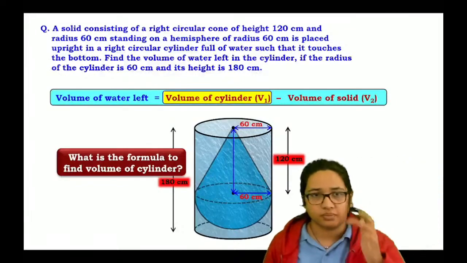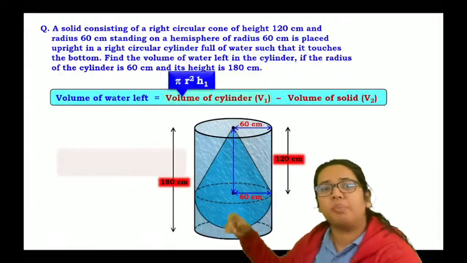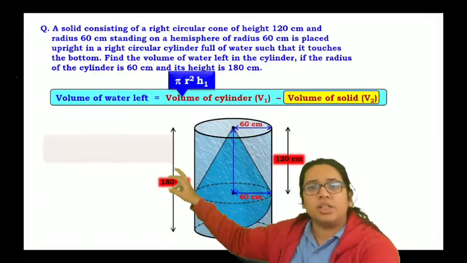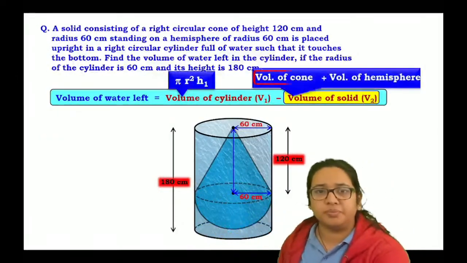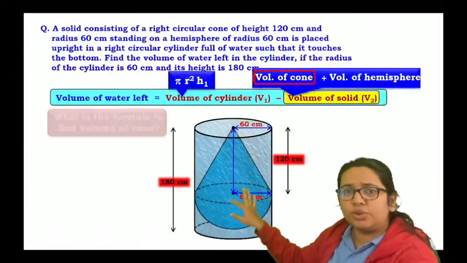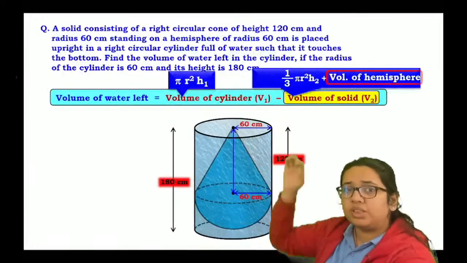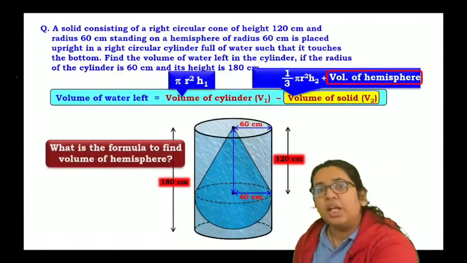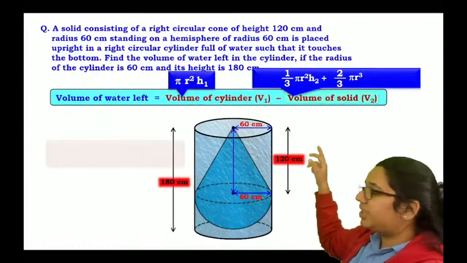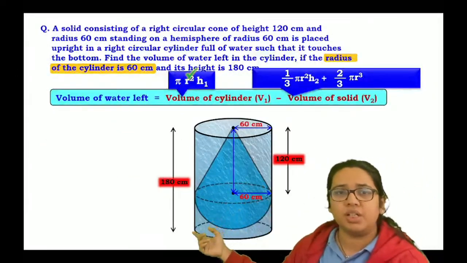The volume of the solid is nothing but volume of the cone plus volume of the hemisphere. Volume of the cone is 1/3 of pi r square h and volume of hemisphere is 2 upon 3 times pi r cube. So we'll just use this formula here.